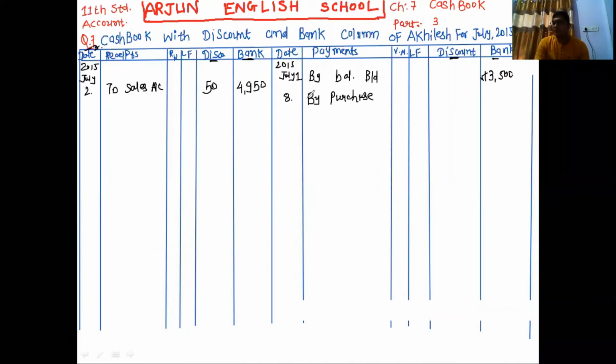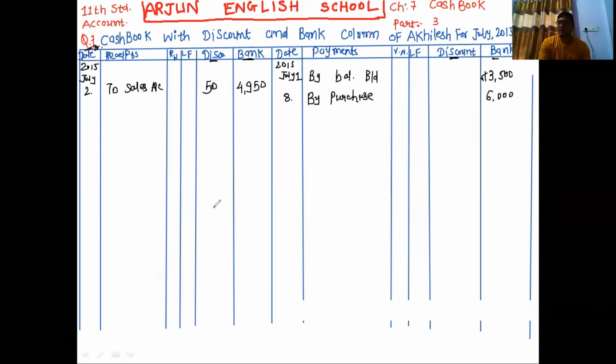Goods of 6,000 purchase and a check is issued for the necessary amount. Necessary amount means 6,000 rupees. Here we have issued a check, meaning our bank balance will decrease. So on the credit side, we have to write down 6,000. Here there is no discount because we purchased the goods for 6,000 and we paid 6,000.